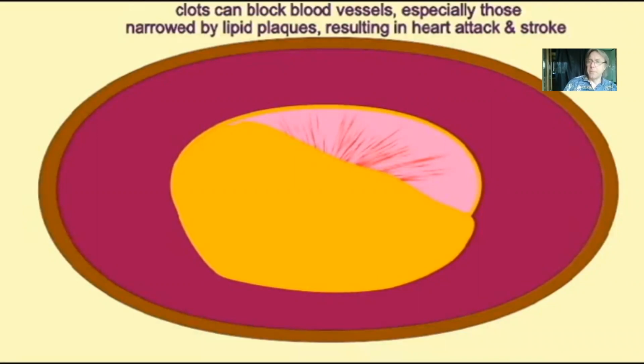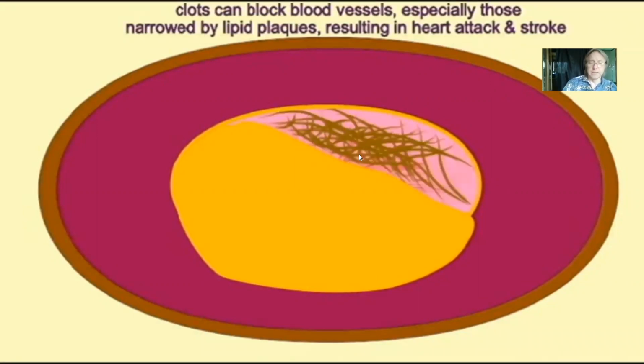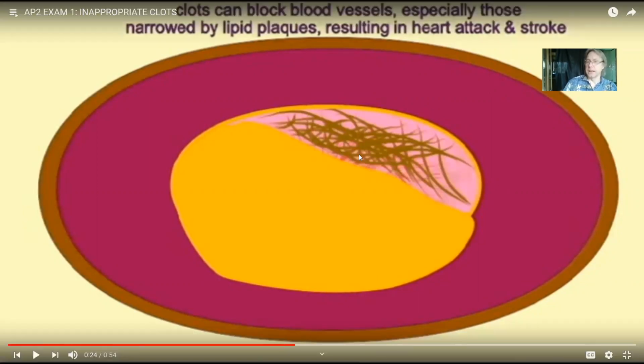That's bad because you're going to have a floating clot, which would be classified as an embolus, or a stationary clot, a thrombus, and that could block a blood vessel. A floating clot might get stuck at a narrowed blood vessel. But because this plaque has collagen exposed, you could start a clot there, forming a thrombus.